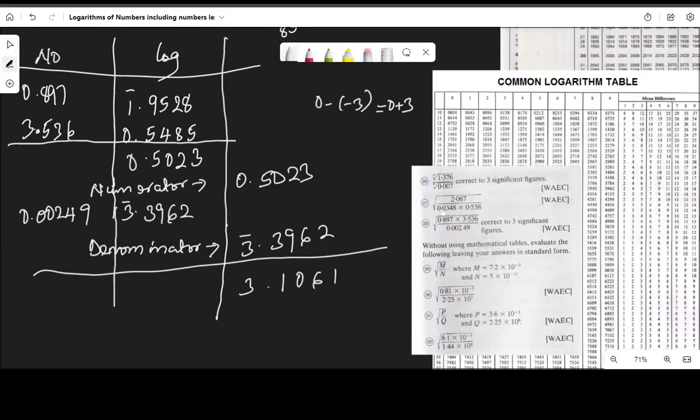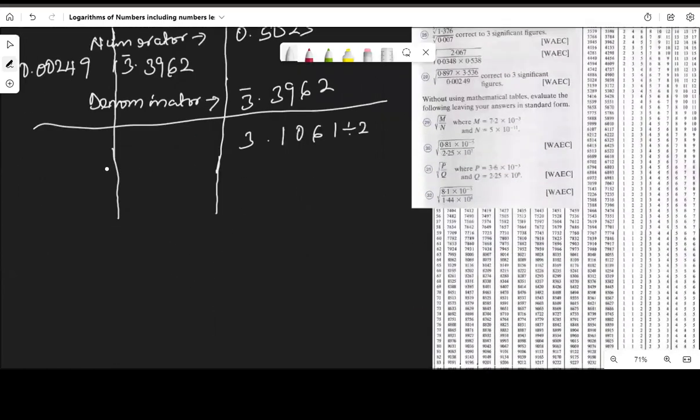But looking at the question, we have to take the square root of that. So taking the square root means we have to divide that number by 2. 3 divided by 2 is 1, remainder 1. Place that 1 here, that is 11. 11 divided by 2 is 5, remainder 1 again.